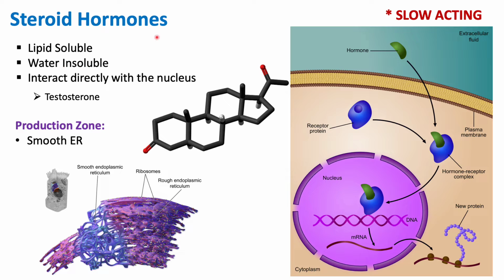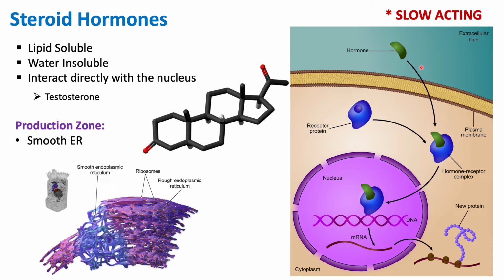So if we had a steroid hormone in our blood, for example, it would need some sort of transporter because it is water insoluble. But once it reaches that cell membrane, our cell membrane is highly hydrophobic and it can allow non-polar molecules to pass through. So our steroid hormones are going to be lipid soluble when they're crossing that cell membrane.